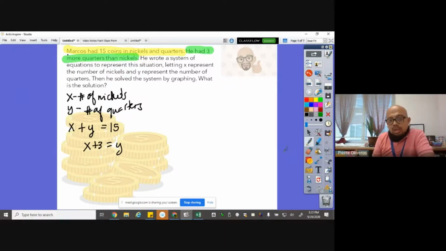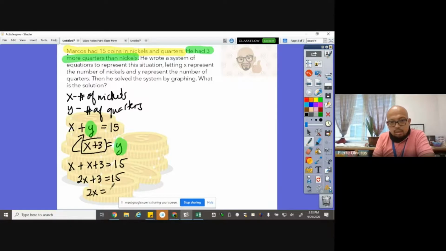Okay. So here you have an option. You can do substitution or elimination. I know that y is equal to x plus 3, so I will plug in this x plus 3 right there. That will give me x plus x plus 3 is equal to 15, and 2x plus 3 is equal to 15. 2x is equal to 12.